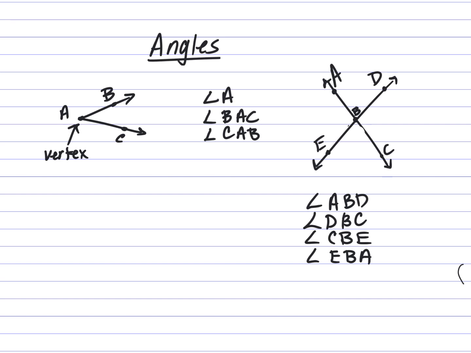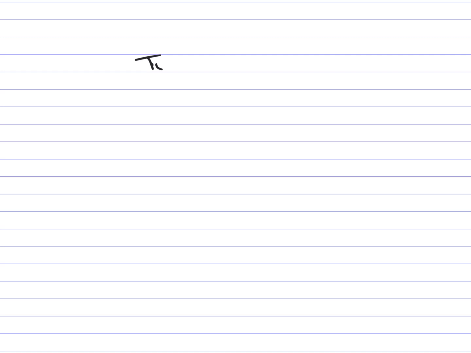So now let's talk about the different types of angles. There are three different types of angles. First type is acute.